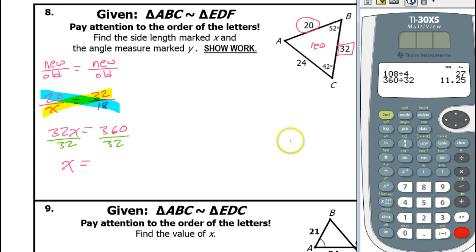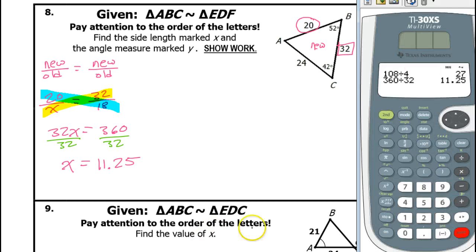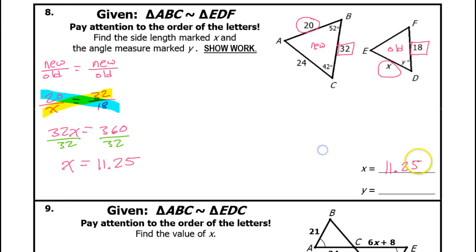That is 11.25. Which, by the way, if you wanted to write that as a fraction, it would be 45 over 4.